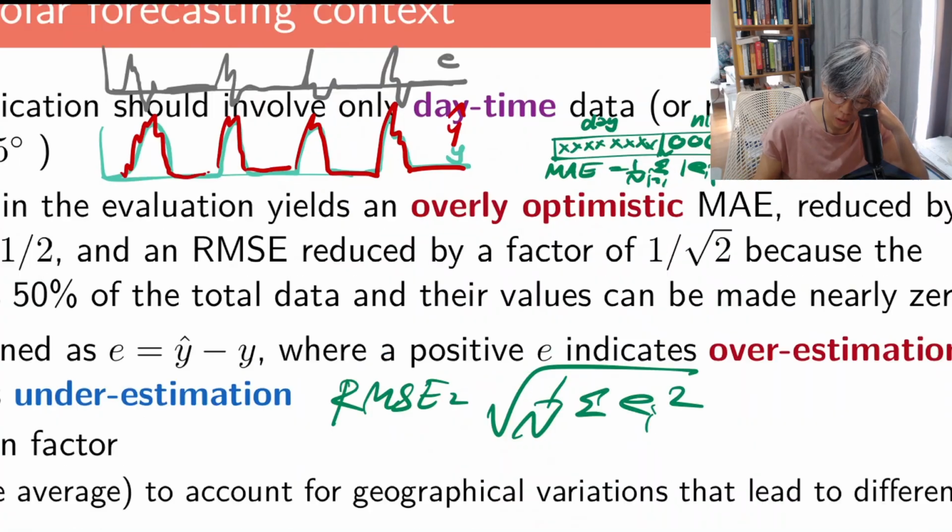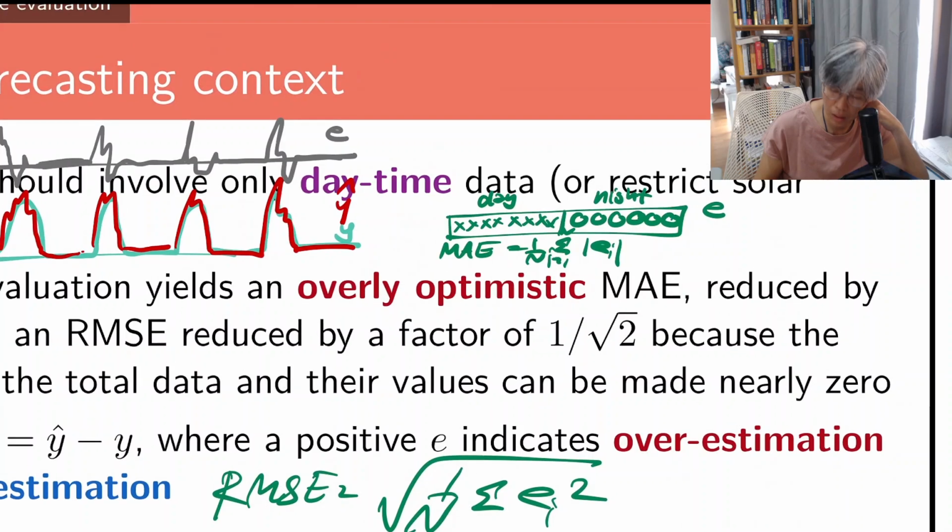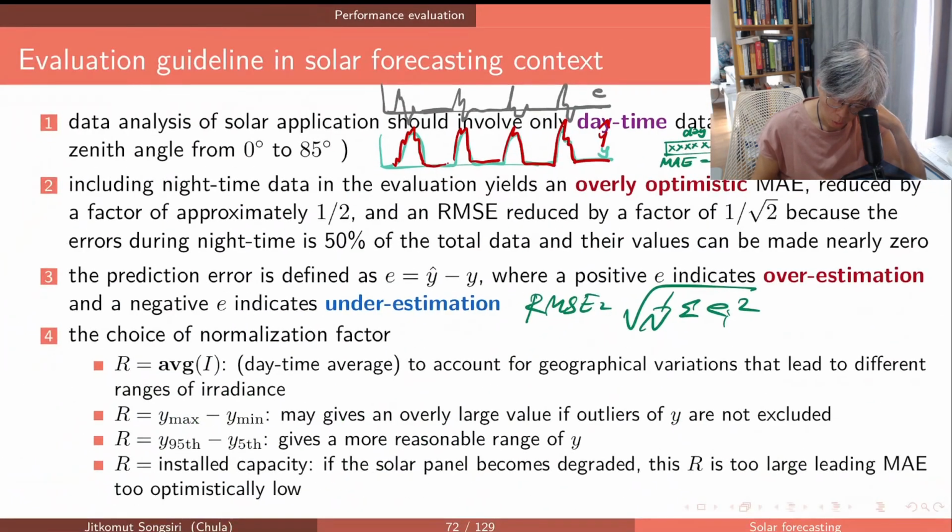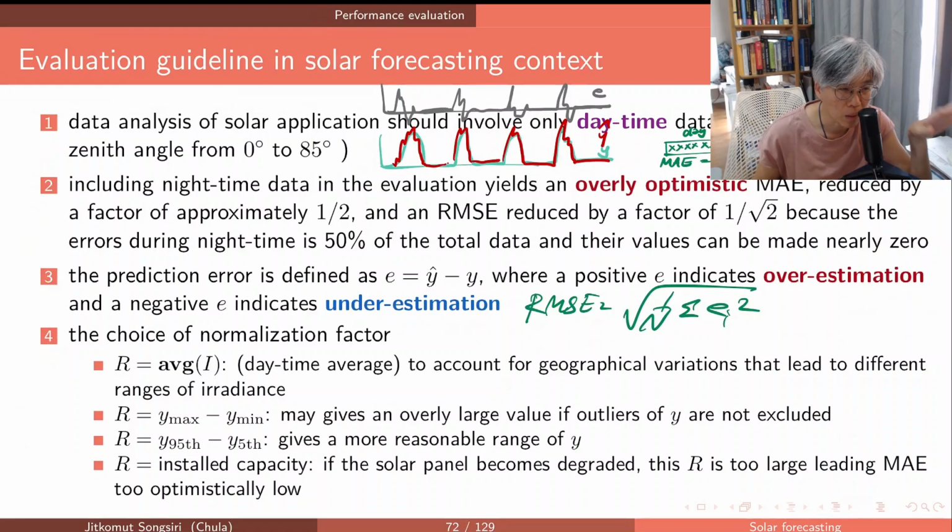So if you include the nighttime in the study and evaluate RMSE, your RMSE is going to be too low by a factor of 1 over square root 2, which is 0.707. So knowing this mathematical result, it becomes a common guideline that when you evaluate the error, you do it only on the daytime.